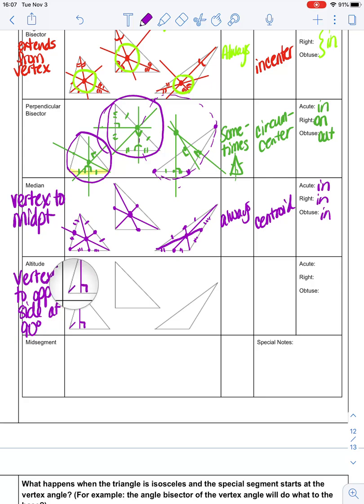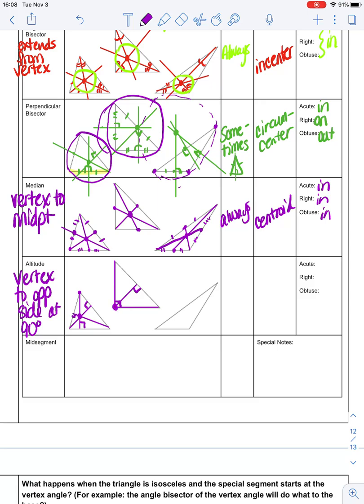Now, if you kind of eyeball this and go to a right angle, you'll see that all of the altitudes intersect. Right here, this is a right triangle, so that's your right angle, that's your right angle, and that's your right angle.